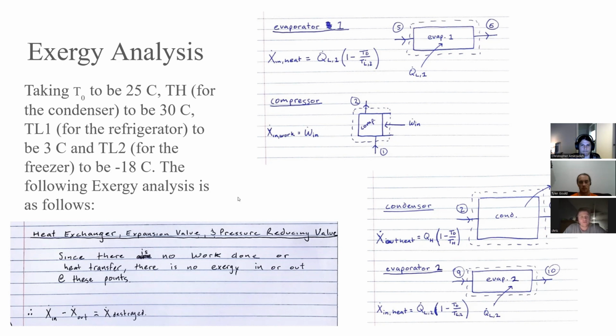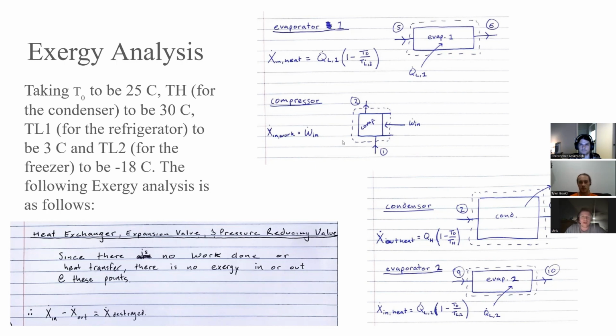So essentially, for exergy, we need to understand the exergy going in and the exergy going out for each of the components. So diving in at our evaporator number 1, here we have exergy entering the system in a form of heat, and that formula is as stated there, where our Q dot L1 is going to be multiplied by 1 minus TO over TL1.